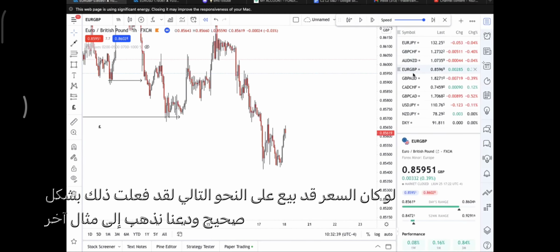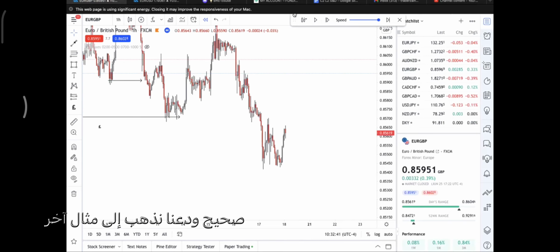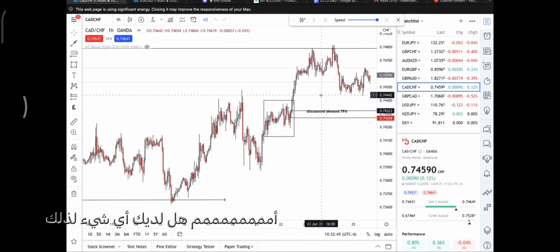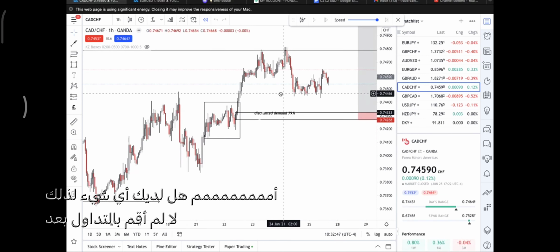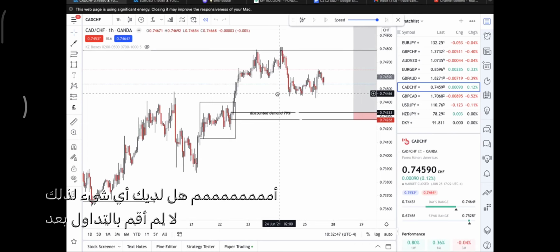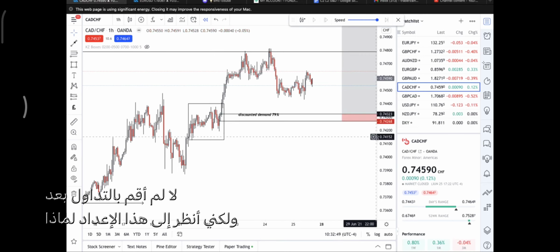And let's go for one more example. CAD CHF, do we have anything for that? No, I didn't take a trade yet, but I'm looking at this setup.